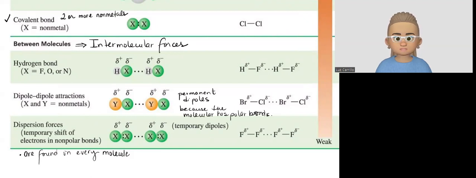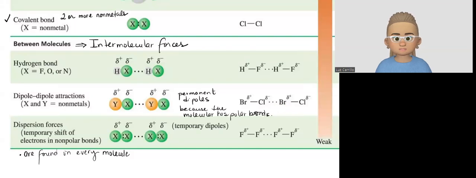So here we have illustrated a dipole-dipole attraction, which is happening between two molecules of bromine monochloride. As you can observe, the dipole-dipole attraction is going to be between the partial negative charge of one molecule to the partial positive side.